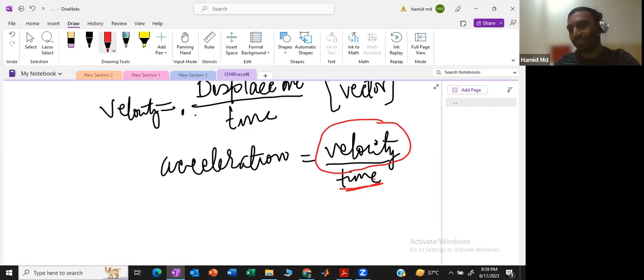Time has direction and magnitude, because time travels in one way. Time travels both ways, it's also true. We can move to the past and we can move to the future as well. But it never follows any vector addition rule, so it's a scalar quantity.